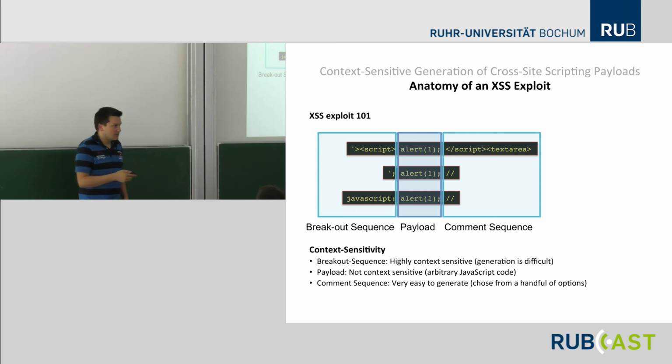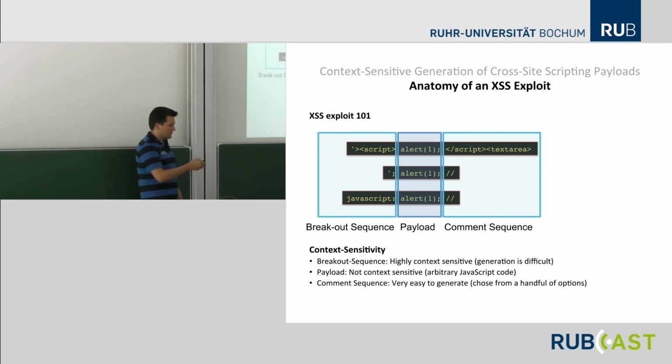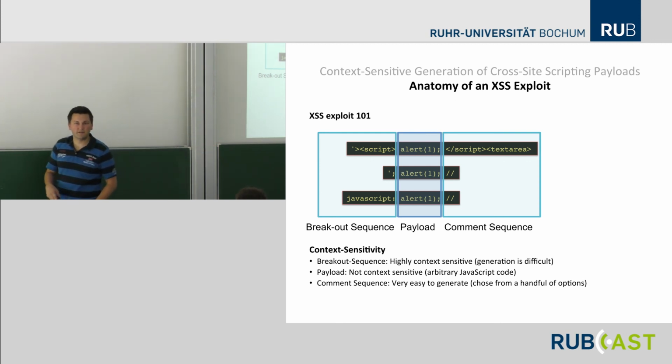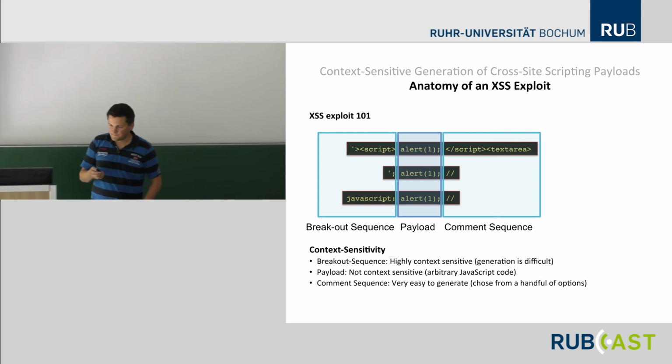Sometimes, for example, if we are in a JavaScript context, we need to create valid JavaScript. And usually behind the injection point, you have a lot of values that would make your payload syntactically incorrect. So you sometimes need to get rid of the trailing content. Usually what you do is inject a comment sign that says ignore everything that follows.